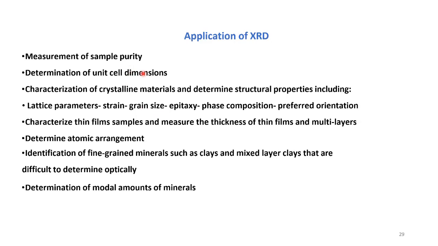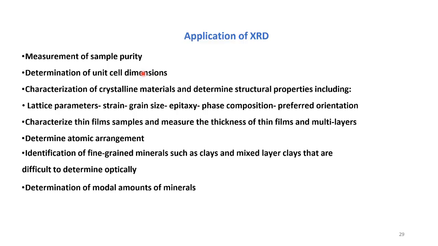Then, different applications are there, as I already told. These include measurement of sample purity, determination of unit cell dimensions, alpha, beta, and gamma, and a, b, c sides. Then the characterization of crystalline materials and determination of structural properties including lattice parameters, grain size, strain, epitaxy, phase composition, and preferred orientation also.